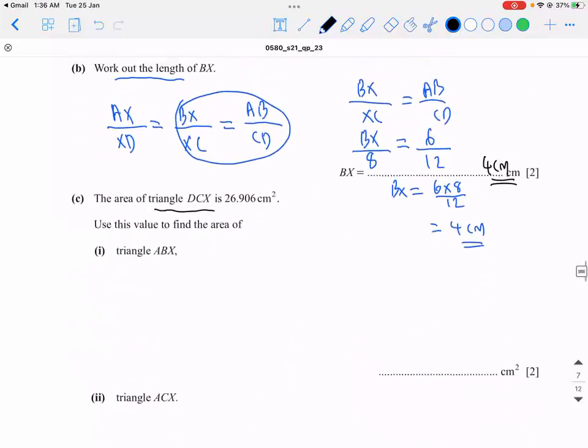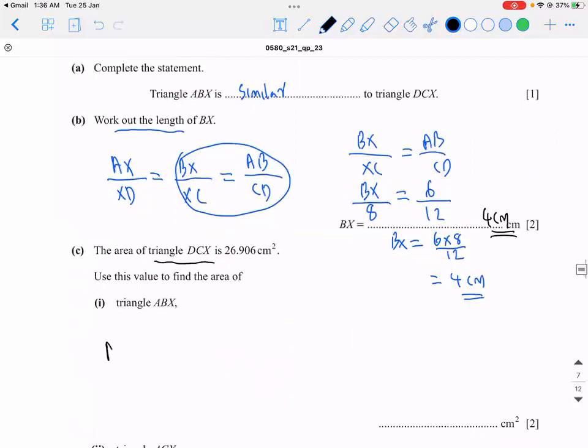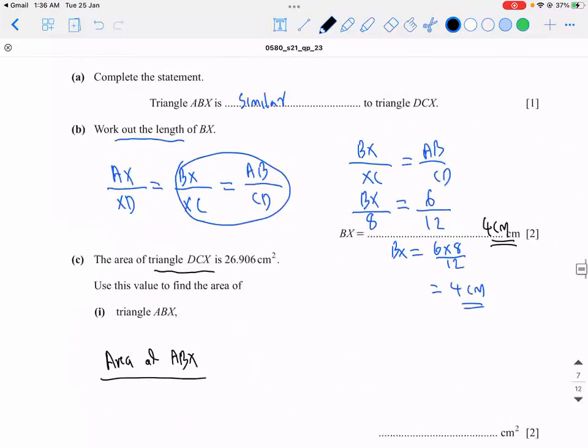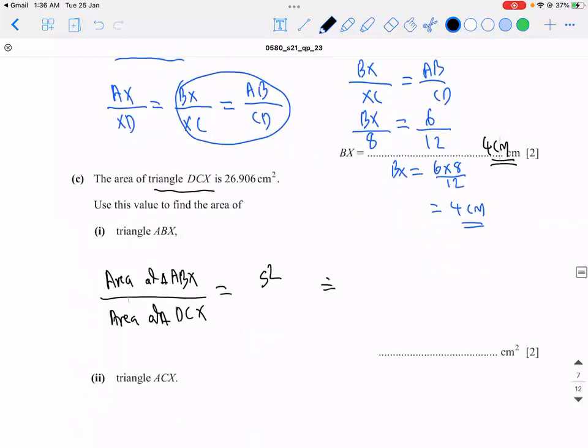So that means we can say that the area of triangle, the smaller one is ABX, correct? The area of triangle ABX divided by the area of DCX, both are triangles, is equal to the scale factor squared. The area of ABX we don't know, so we keep it as ABX divided by the area of DCX, which is given as 26.906. The scale factor is 1 by 2, so 1 by 2 squared. How will we calculate the area of ABX?